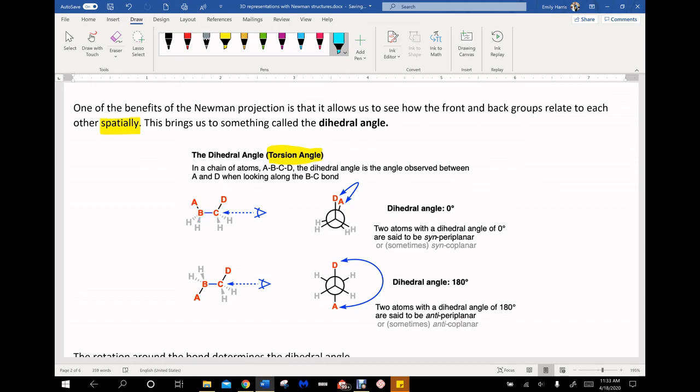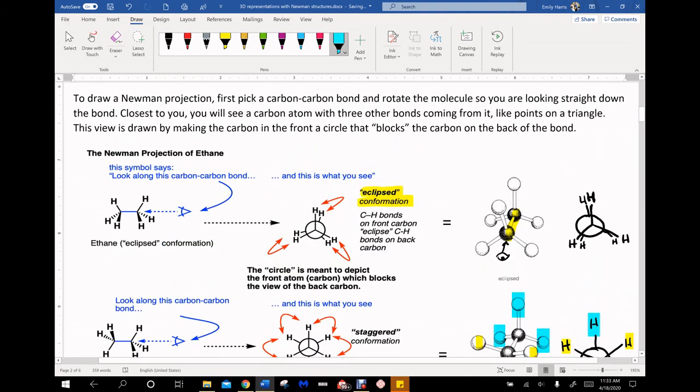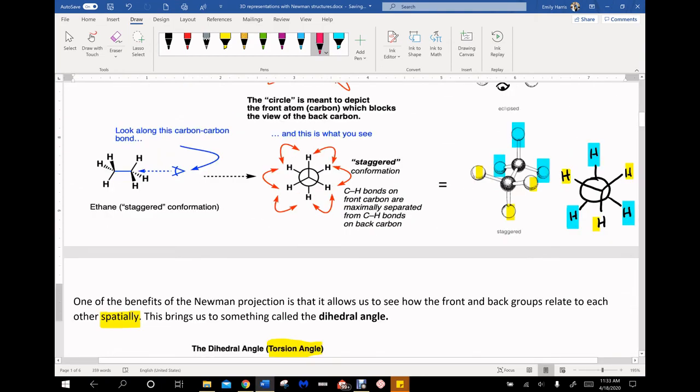And so when we turn the molecule around and look at it via a Newman projection, it's groups A and D that are here close to each other. Now, if it's an eclipsed conformation, where you have the hydrogens directly on top of each other, the dihedral angle will be 0, okay?